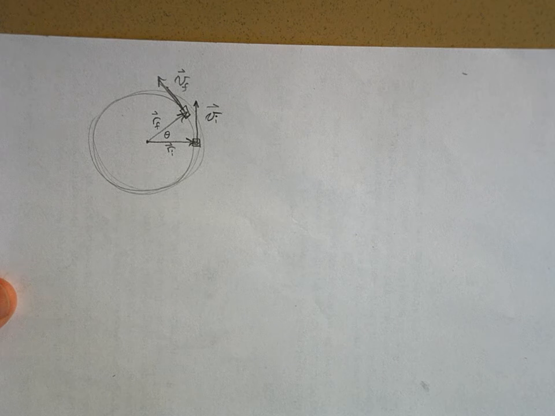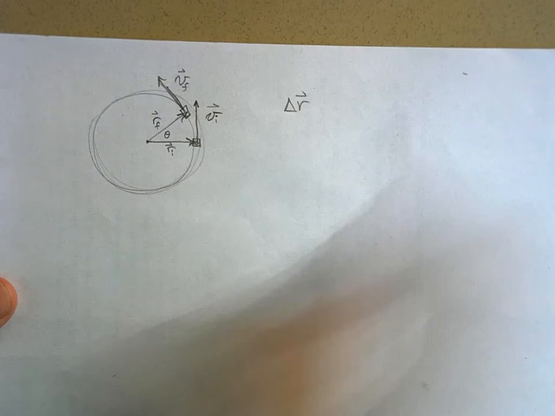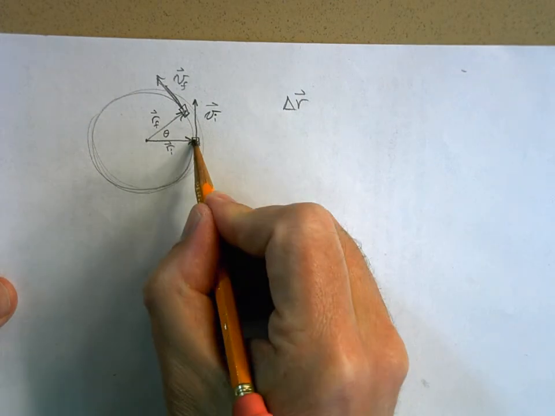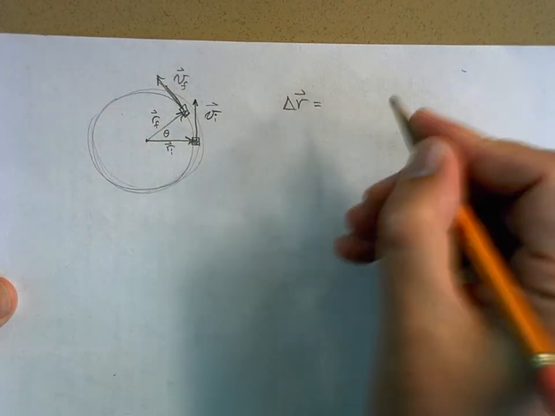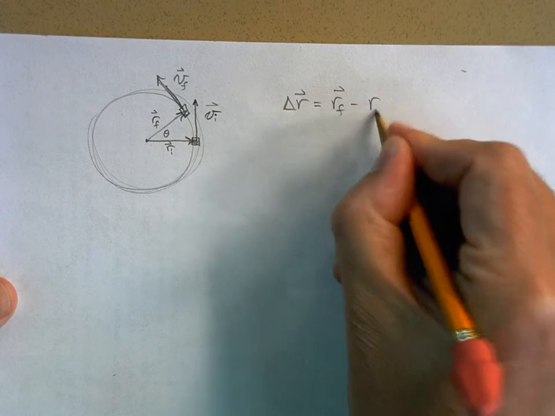Now what I'm going to do is say the change in my position, like obviously I started here and I went here. So my change in position is equal to R final minus R initial.